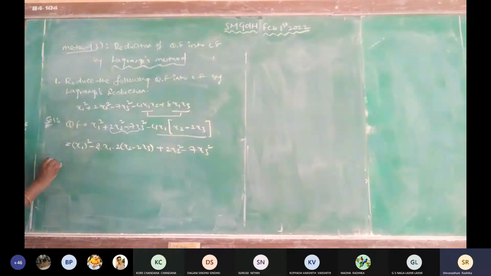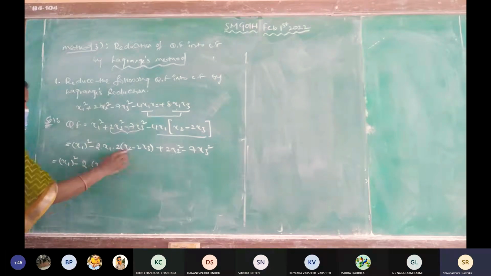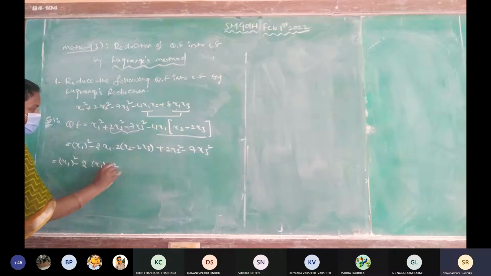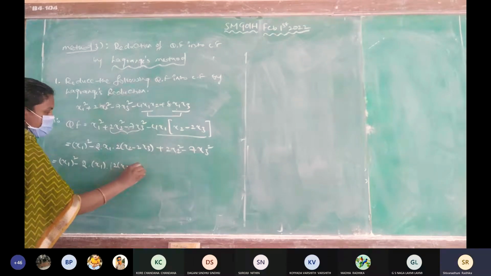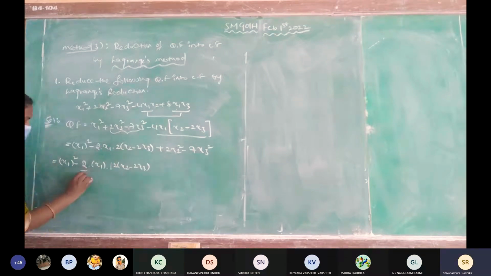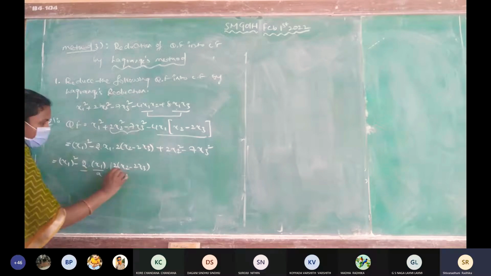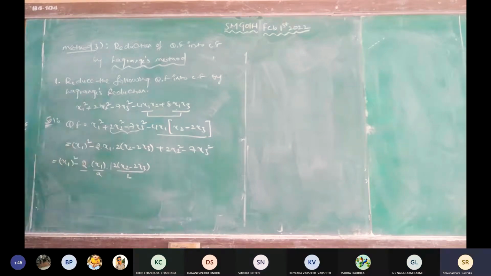Now, x1 whole square minus 2 into a into b, where b is 2 into x2 minus 2x3. This is of the form a square minus 2ab. What is the remaining term? Plus b square.